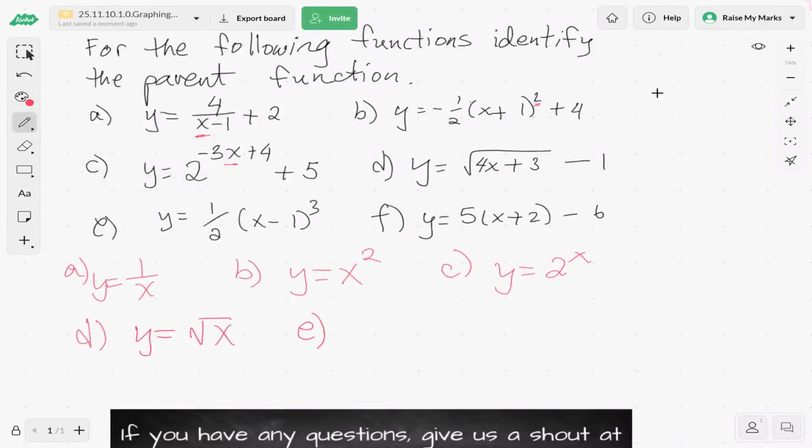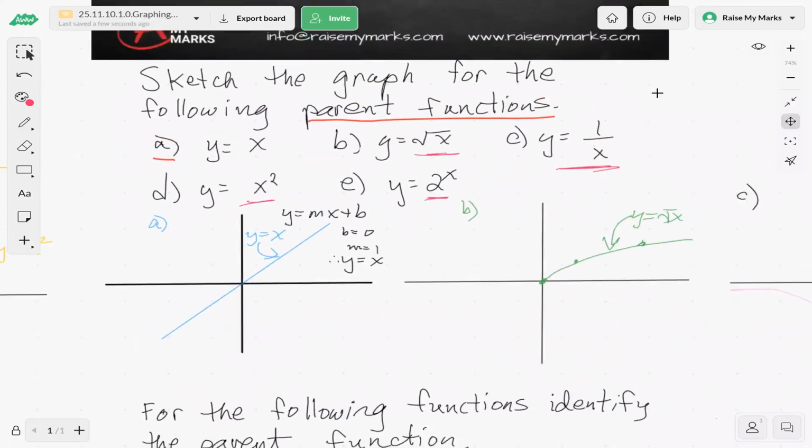Good, part E. Interesting. So y equals 1/2 of, in brackets, x minus 1 cubed. Okay, so where's our x? Our x is in the brackets and it's being raised to the exponent 3. So if we go back up, the first question, do we have any parent functions that are a variable raised to a power? We do.